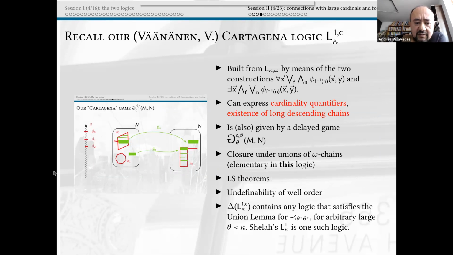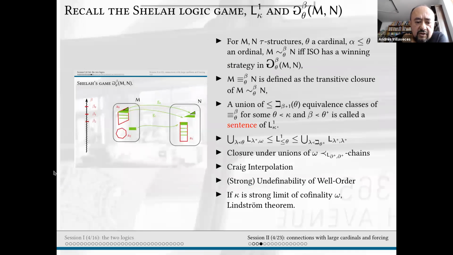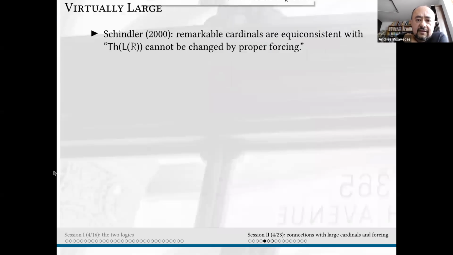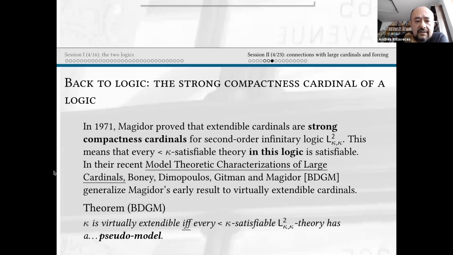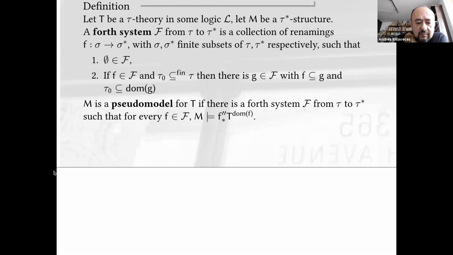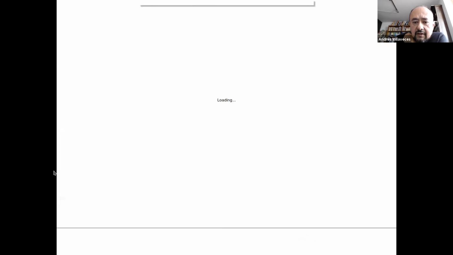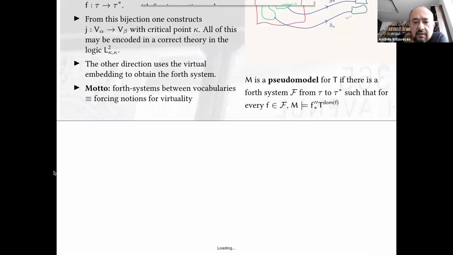But with the fourth system here, one can ask, what happens if you look at these games, like the Cartagena game or the Shelah game, but only in a one-way direction? One can do that, and that's one way of doing that. And the question I have is the following. Let me go back to where we were. We were at the end of this picture.